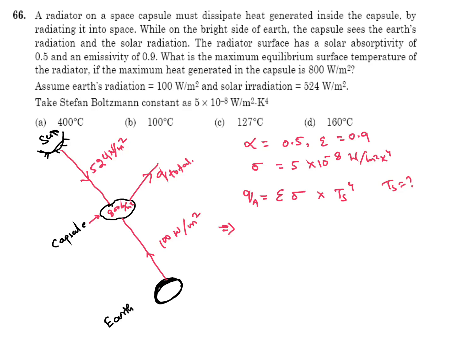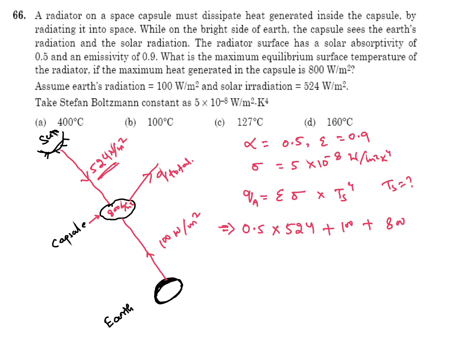total heat, which is 0.5, absorptivity into irradiation, 524, plus 100 from Earth, plus heat generated, 800.